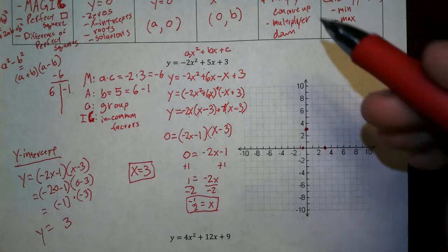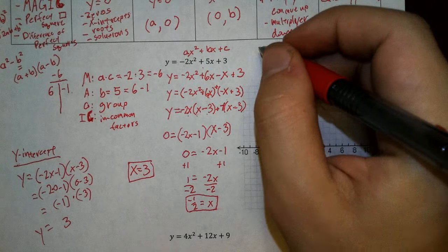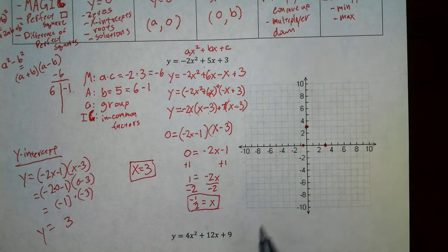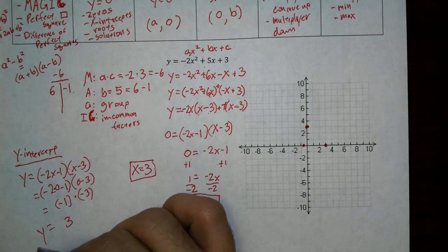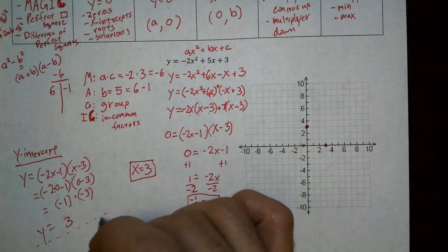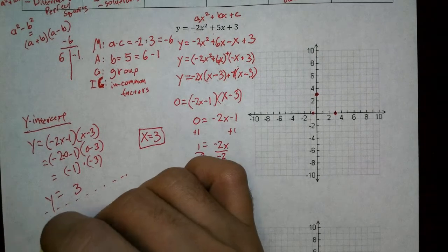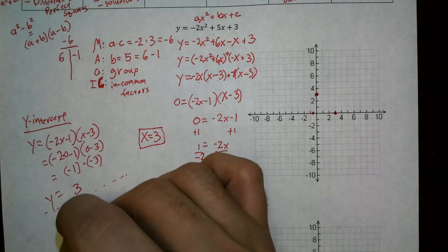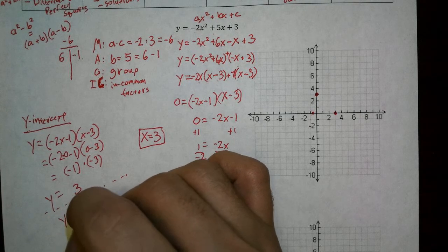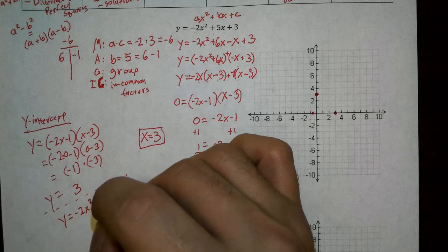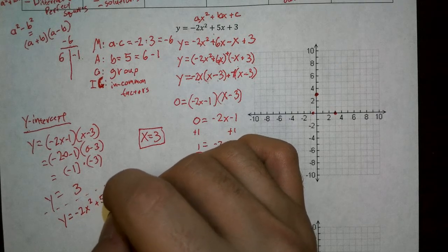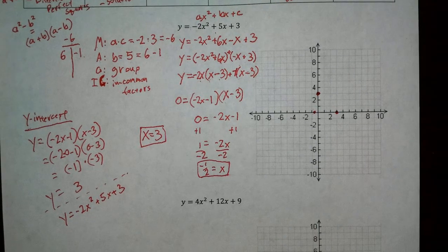Look at this. Imagine if we just took 0 and plugged it into this equation, y equals negative 2x squared plus 5x plus 3. If we plug in 0 to that, let's think about this.